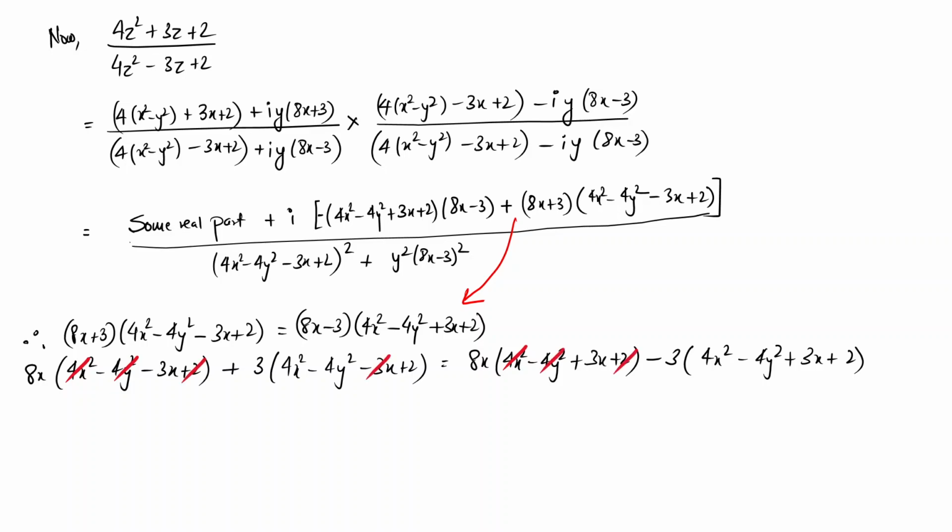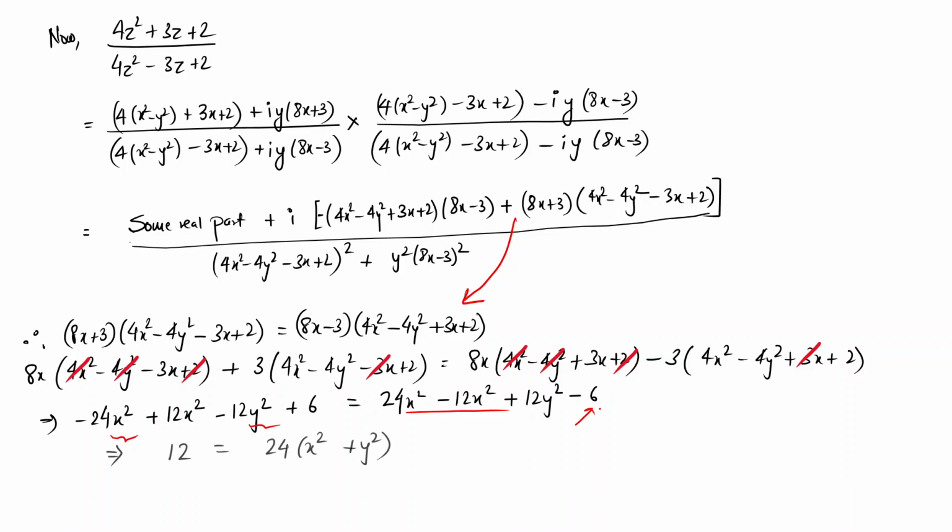You see the 4 terms are going to get cancelled out, and then what you will remain with is a very nice expression in x squares and y squares only, with some constant terms, and you rearrange them and you get that x squared plus y squared is equal to half, which is what they were asking, what is the mod of z squared. So x squared plus y squared is mod z squared, right? Because mod of z is going to be the root of x squared plus y squared.